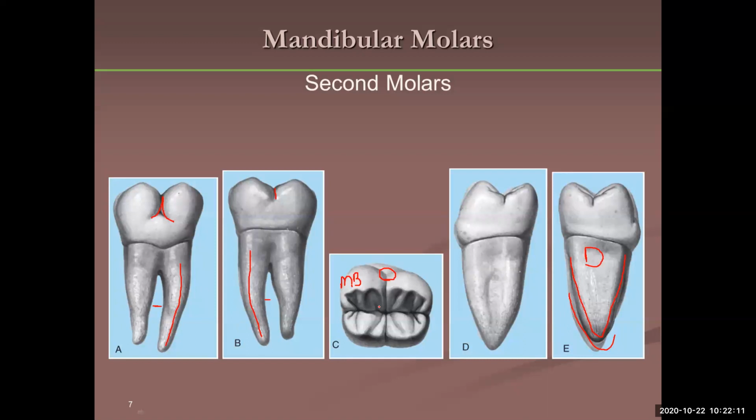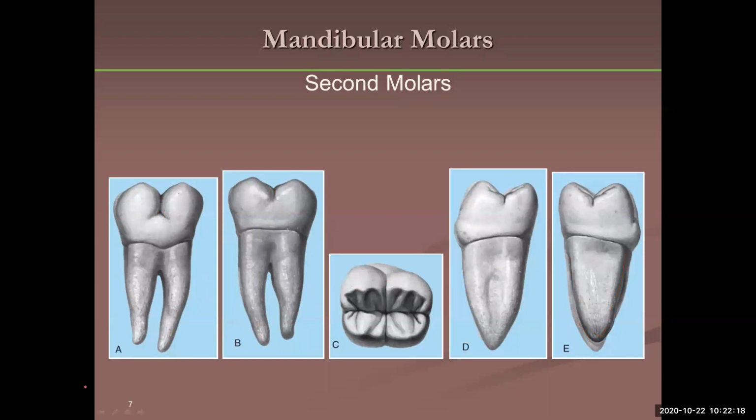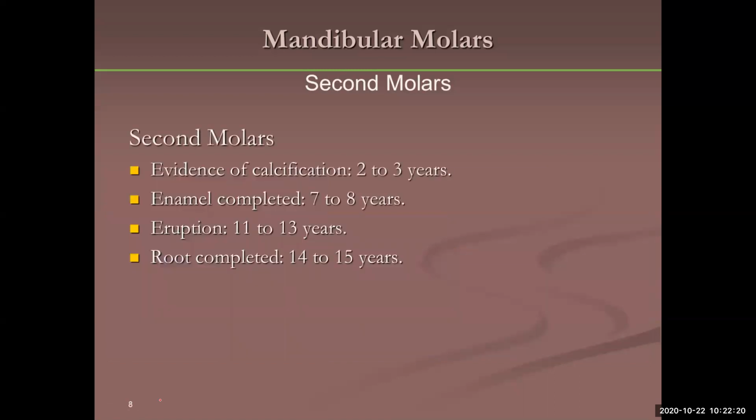For the mandibular molars, the buccal is more caries prone. And you're going to be marking down on all of your drawings the eruption dates, the root completion dates, and the numbering system, because you do need to know what the eruption pattern is.